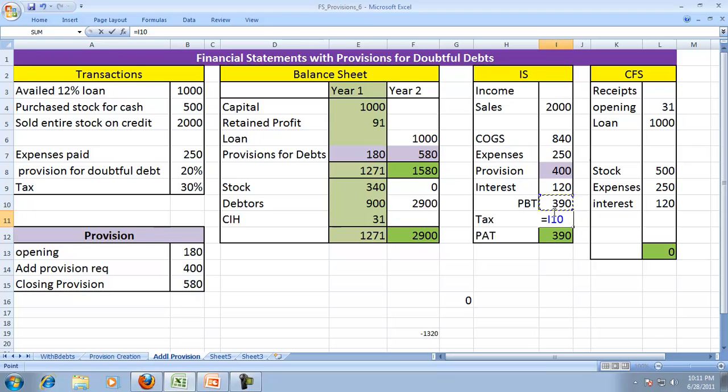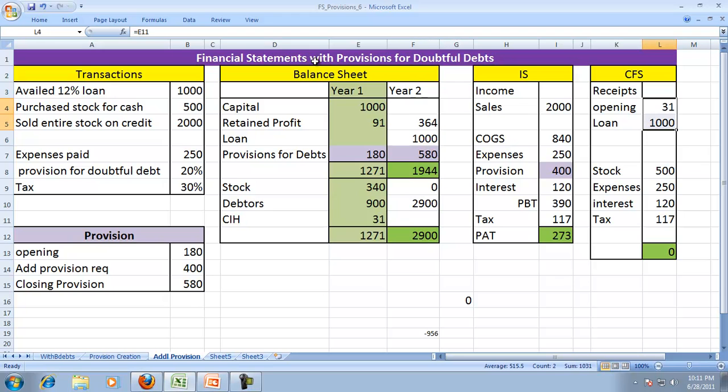Similarly, let us assume that 390 is also the taxable income, so tax is a payment, no outstanding anymore, so the entire tax is paid off. And we continue with our assumption that the entire profit is retained, so 273 will be added to the retained profit of the current year in the balance sheet.